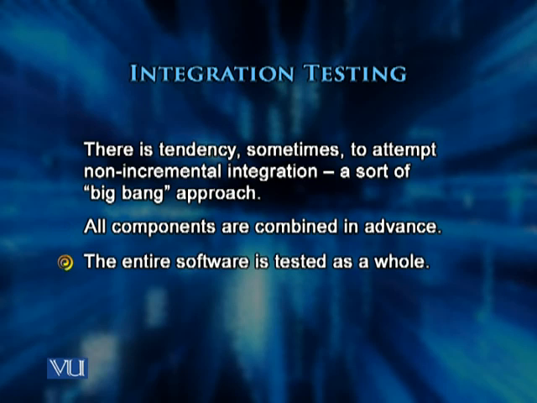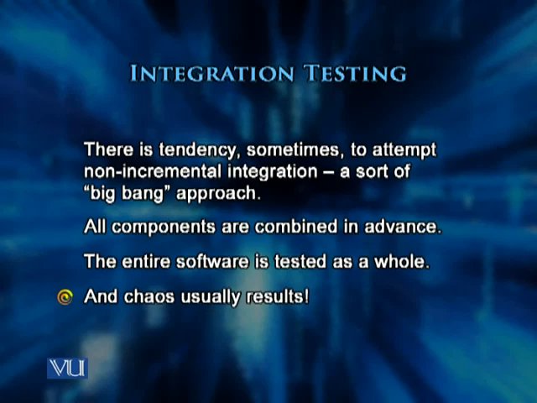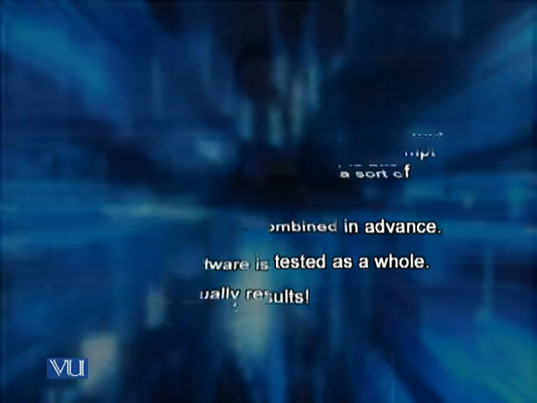So the entire software product is tested as a whole, and I can assure you that as a result of this, for large systems especially, leaving aside the toy examples, there would be chaos everywhere. And so this is an approach which should be avoided for all real software projects.